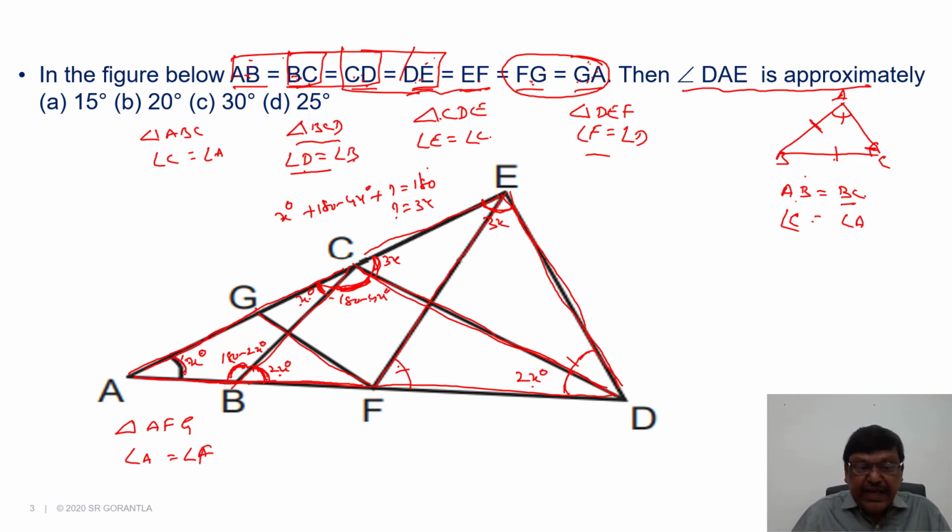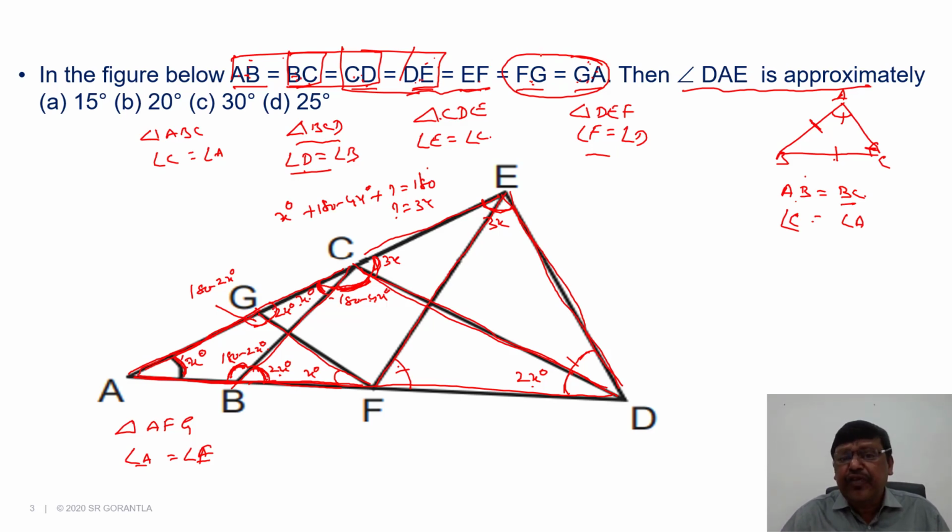Now we know angle A is x. In this triangle GAF, angle A and angle F are equal. Angle A is x means angle F is also x. As I said, if it is x and x, this inside angle will be 180 minus 2x. Hence the external angle will be 2x. This external angle is 2x.